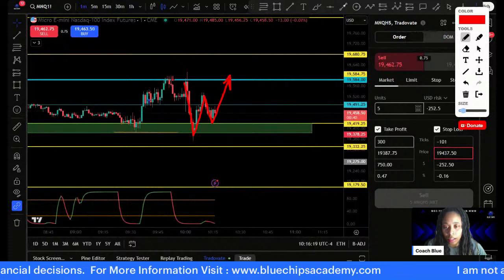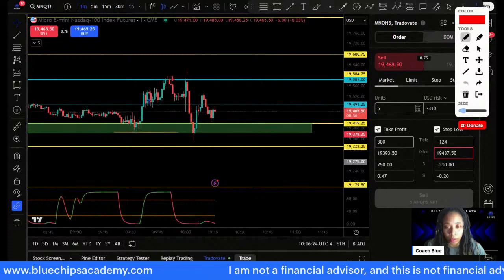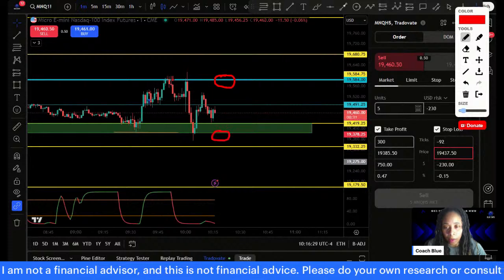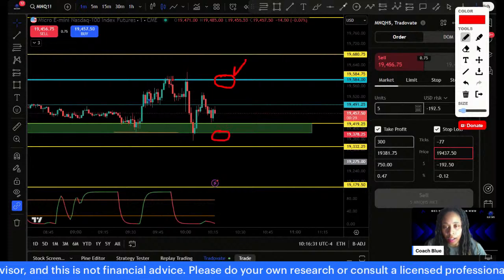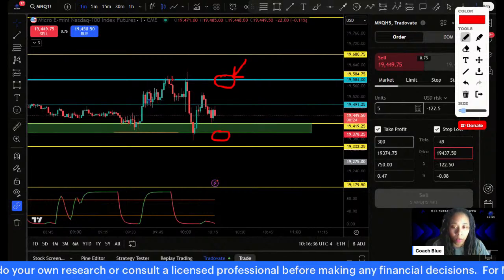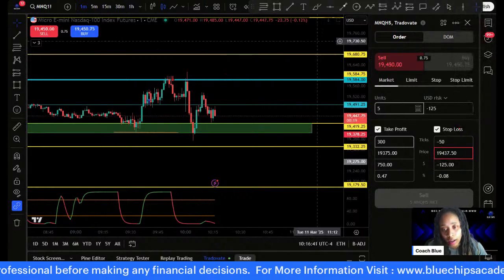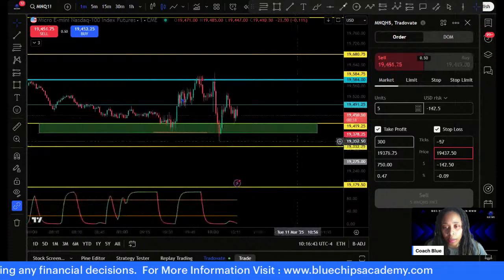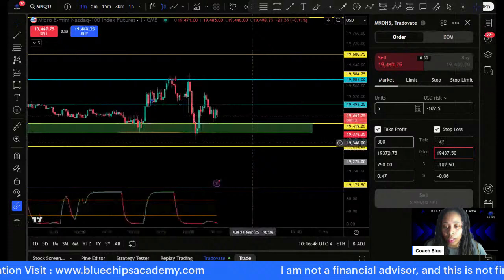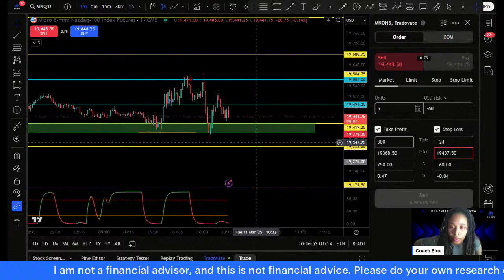But again, the market can do whatever it wants, whenever it wants. I just want us to get back here or here. When we get back there, I want to see the BPC, and that will let me know if we should enter another trade or call it a day, because we might just move sideways for the rest of the day. And we know that's not the type of conditions we want to trade in. So let's see what happens.